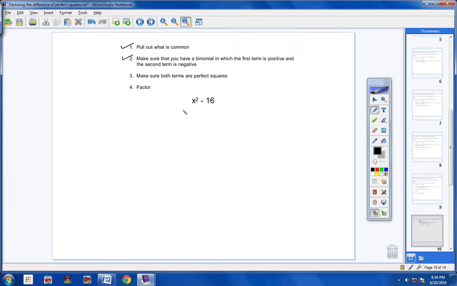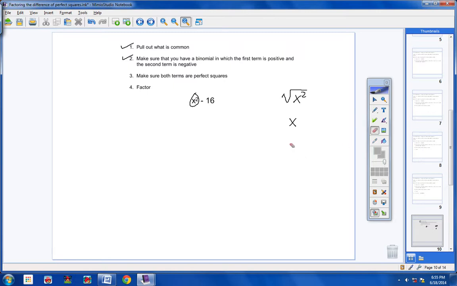Step 3, make sure both terms are perfect squares. Now a perfect square means this: it means you can take the square root of it. Now, can we take the square root of x squared? Definitely. The square root of x squared is x. How do I know that? Because x times x is x squared. So this is a perfect term.